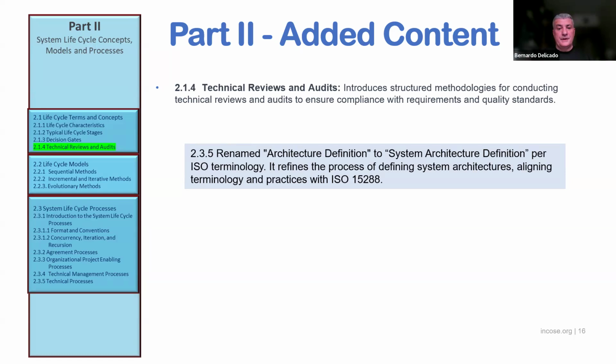And in the session 235, we rename architecture definition process to system architecture definition per ISO terminology. And this content now refines the process of defining the system architectures aligned with the terminology and practice of the ISO.